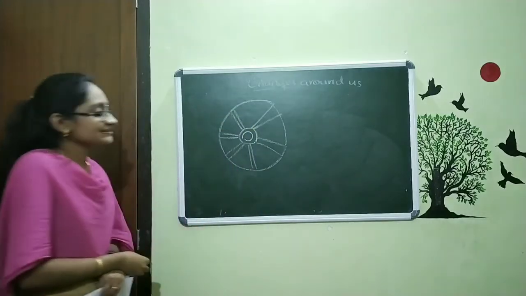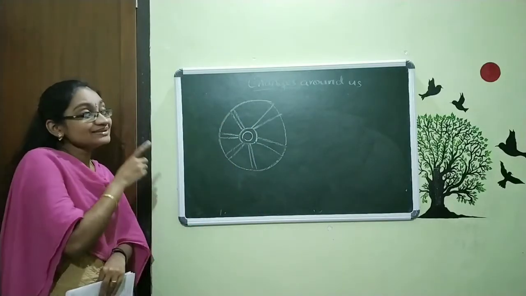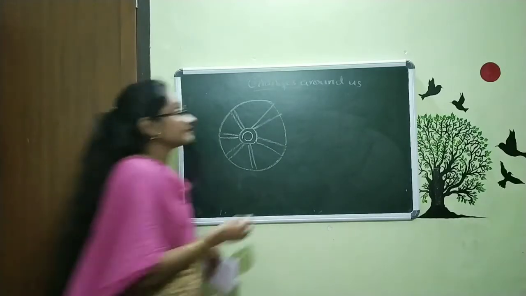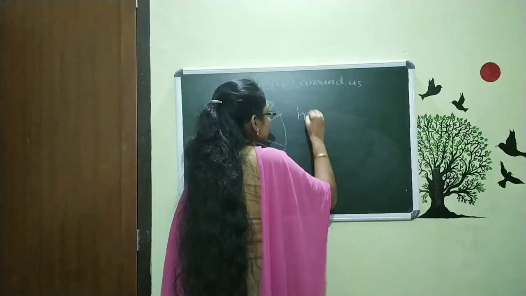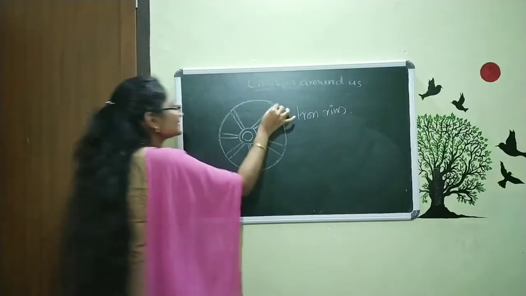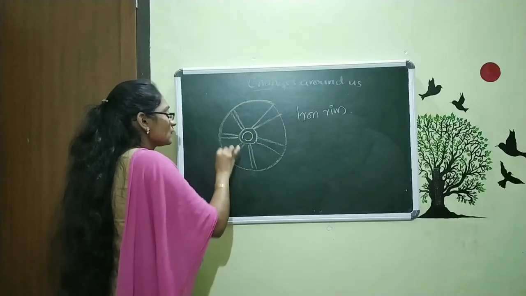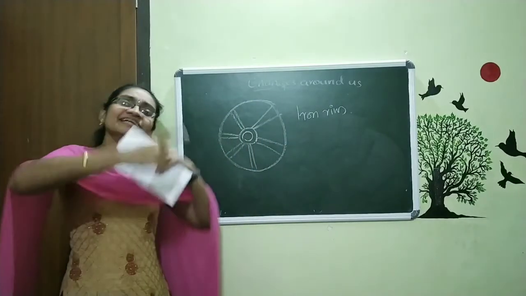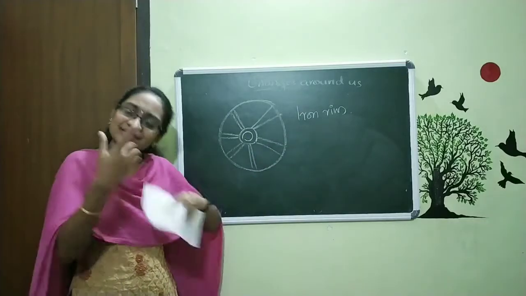So the wheel is like this, and on this wheel we want to fit one iron ring. On this wooden wheel we want to fit one iron ring. Same, this ring means a type of ring.